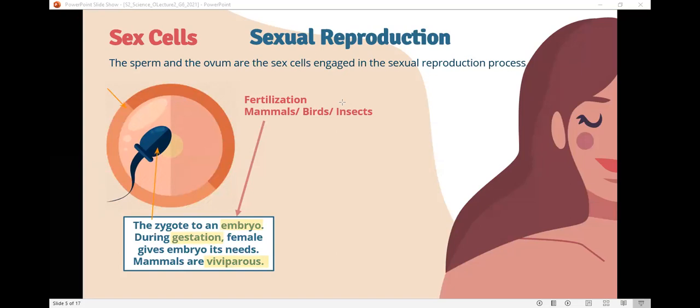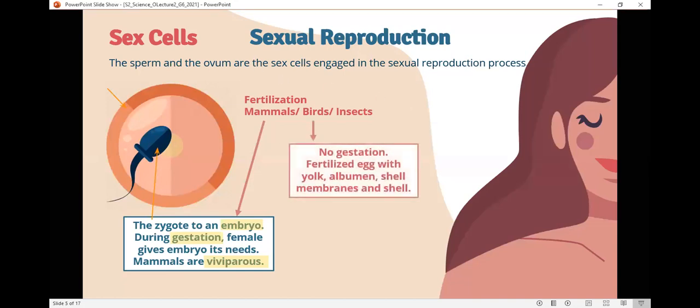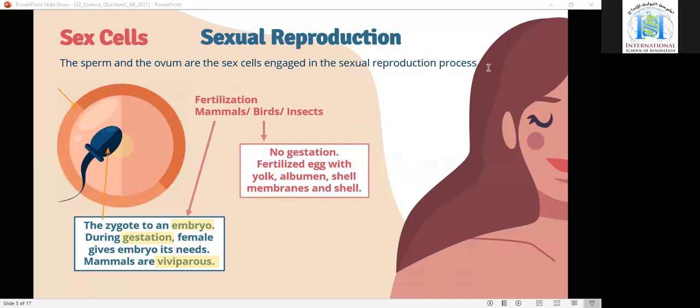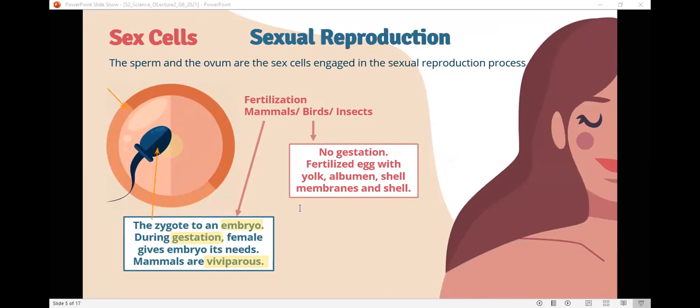What about birds? Do you think that birds are viviparous too? No, oviparous. They are oviparous. Where does fertilization in birds happen? The sperm fertilizes an ovum.